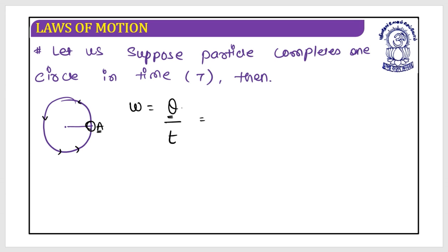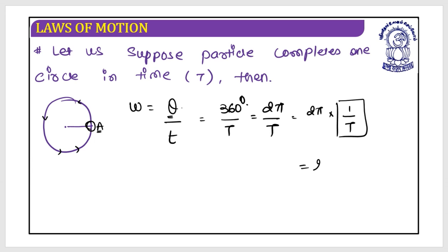The theta, it has completed one circle, and when I say one circle, it is 360 degrees. The time taken is T. This is 2 pi divided by T. If you remember from the 8th or 9th class, it's 2 pi divided by 1 by T. This 1 by T is the frequency, so this is 2 pi f, and this T is the time period.